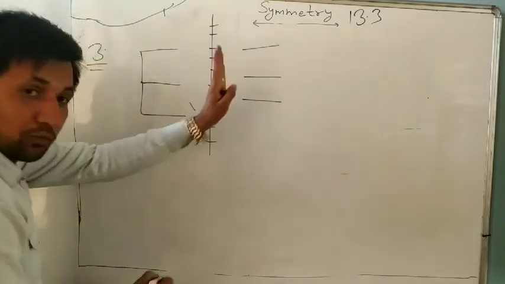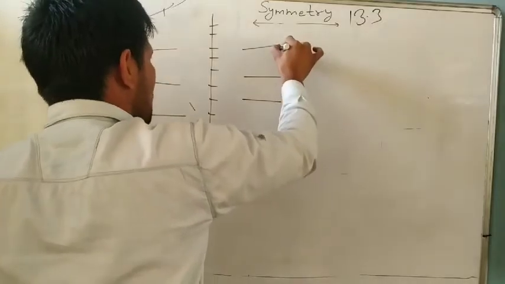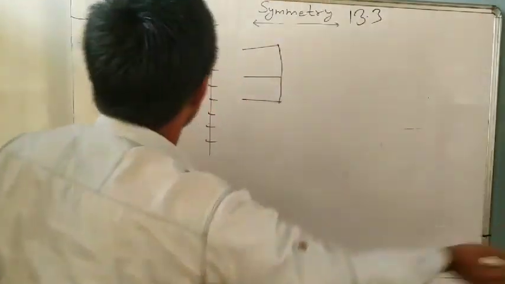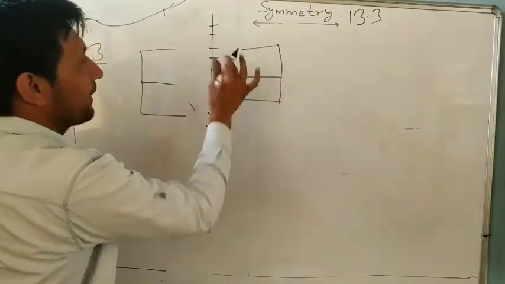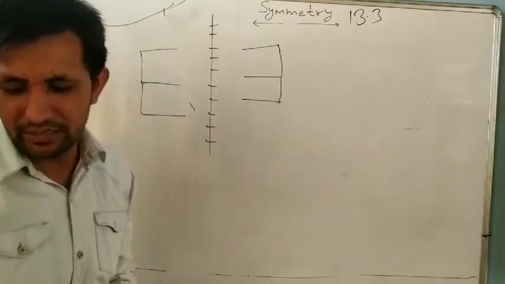It is closed from the left, and now it is closed from the right. Open from the right, here from the left. Understand? It is very simple.